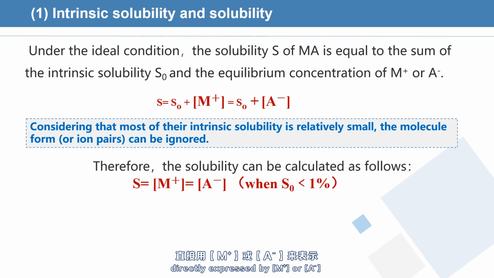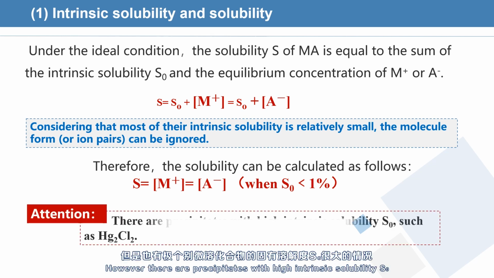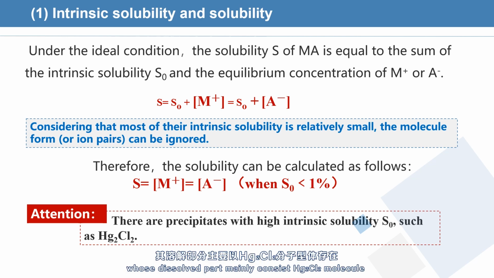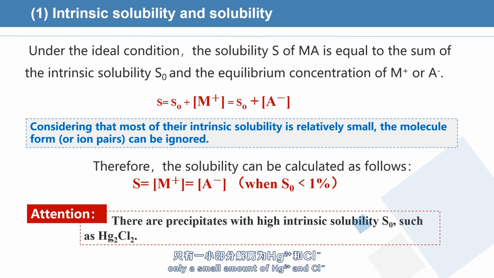However, there are precipitates with high intrinsic solubility S0, such as the saturated solution of mercurous chloride, whose dissolved part mainly consists of mercurous chloride molecule, only a small amount of mercurous and chloride ions. In this case, the intrinsic solubility S0 should be considered when calculating the solubility of the precipitate mercurous chloride.